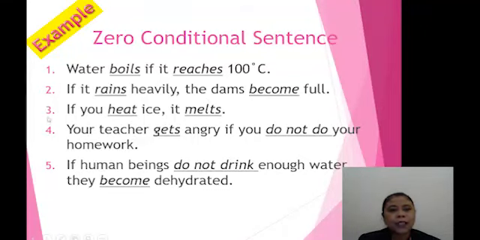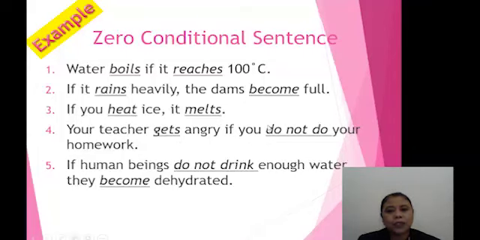Okay, let's go to the example number 3. If you heat ice, it melts. Hopefully you have understood about the difference of the verb. Okay. Number 4, your teacher gets angry if you do not do your homework. Your teacher gets plus s.